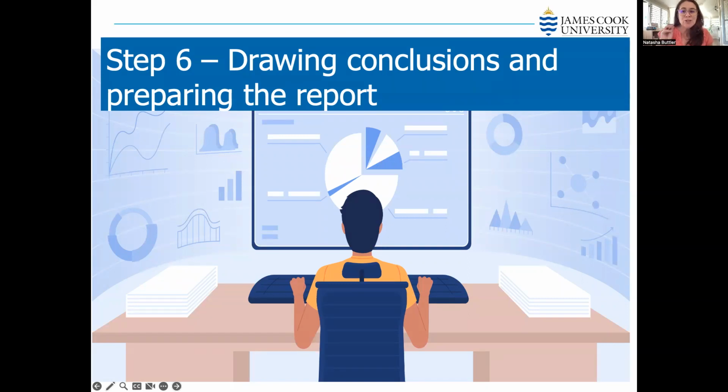The research report should effectively communicate the research findings. If the research report is too long or too complex for managers to use, then it's useless. So we need to be succinct and to the point when we're writing our research report.